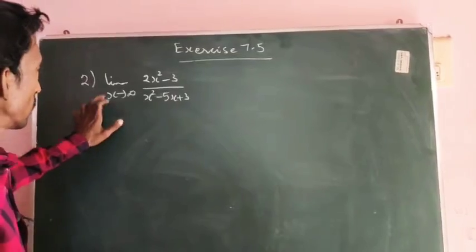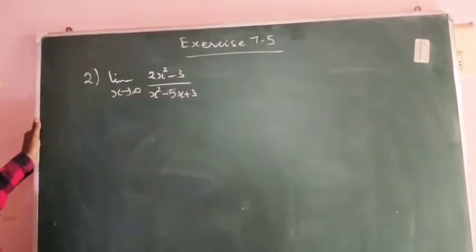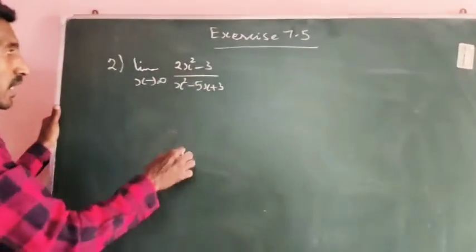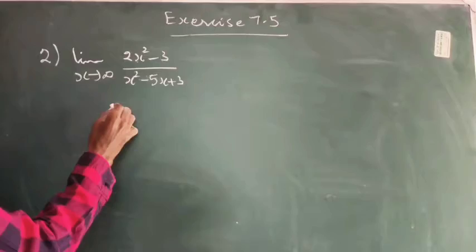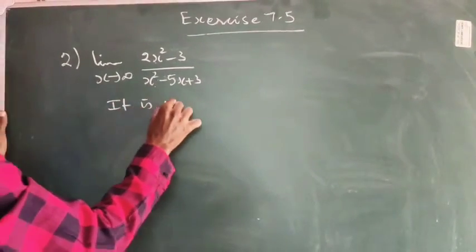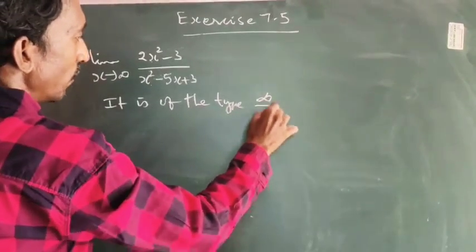Question number 2. Limit x tends to infinity, (2x square minus 3) by (x square minus 5x plus 3). Put x equal to infinity. Infinity minus 3 is infinity. So here also infinity. So it is of the type infinity by infinity.